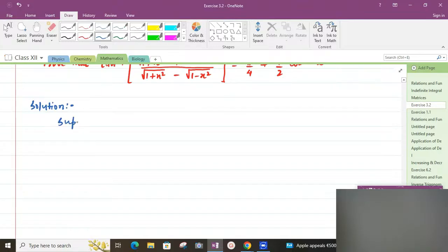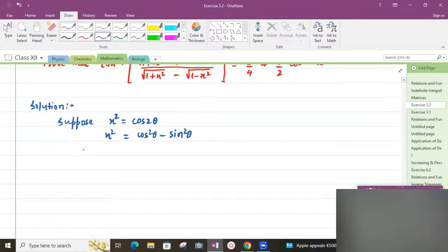Suppose x equal to cos 2 theta. So x square equal to, we know that cos 2 theta equal to cos square theta minus sin square theta.